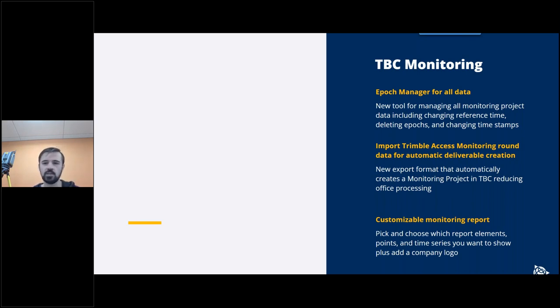For instance, you can change your reference or baseline epoch, where all of your displacements are calculated from. You can also delete single or multiple epochs, so if you found there's some bad data or data that you just don't need, you can delete it. You can also change timestamps. For instance, if you made a mistake and entered the wrong timestamp for an epoch, you can change that as well. So there are a lot of really efficient management tools inside this Epoch Manager.